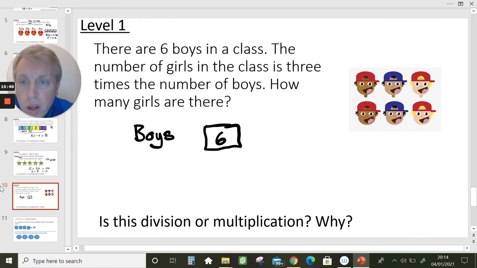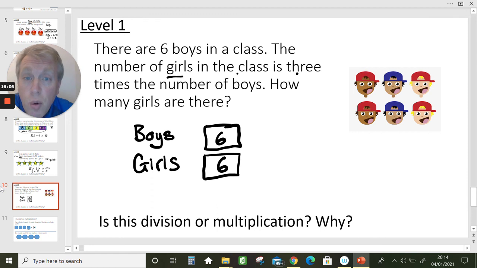The number of girls in the class is 3 times the number of boys. Okay. So the girls is the number of boys. What's the number of boys? It's 6.